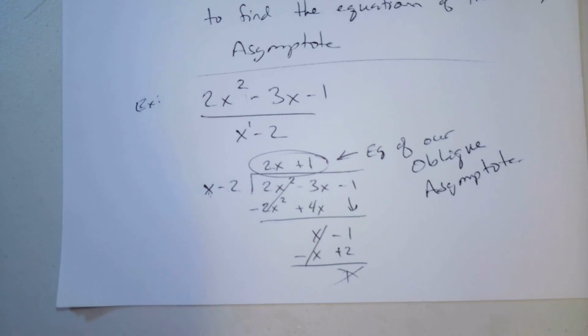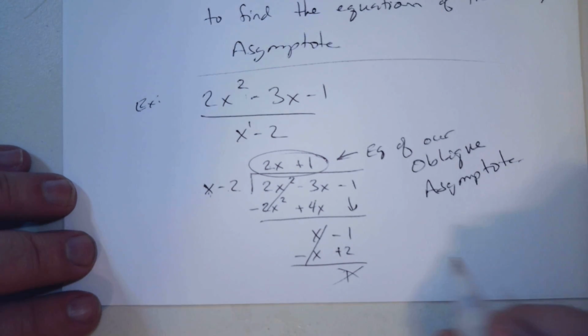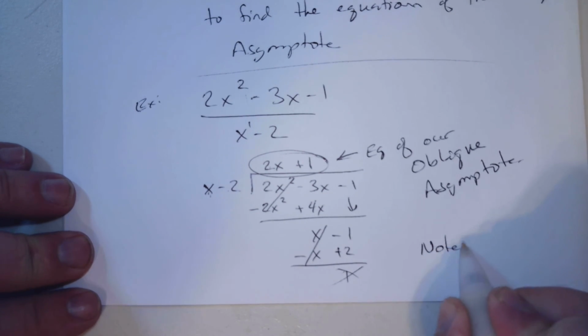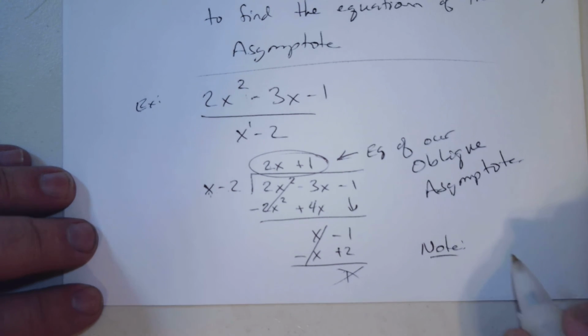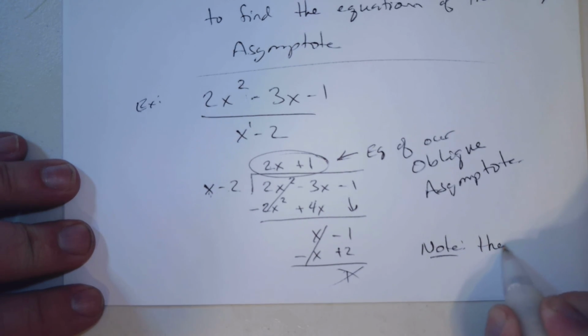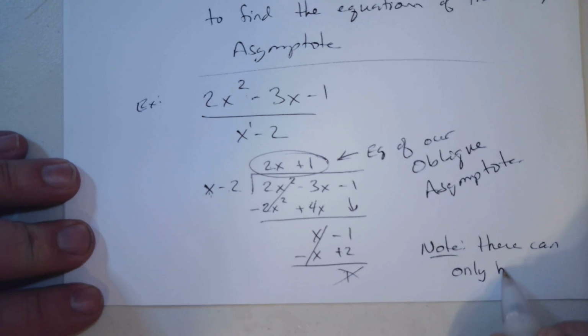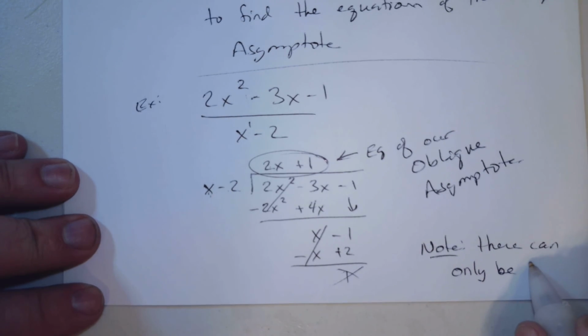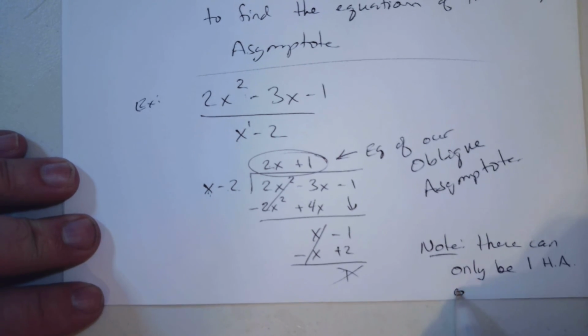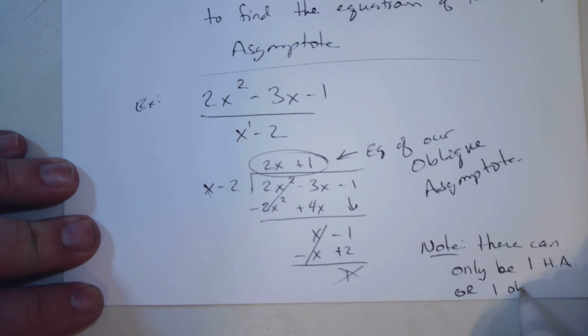So now we talked about our horizontal, our vertical, and our oblique asymptotes. Note here, make sure that there can only be one horizontal asymptote or one oblique asymptote.